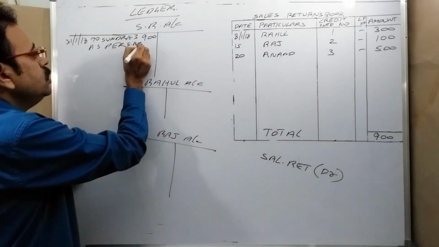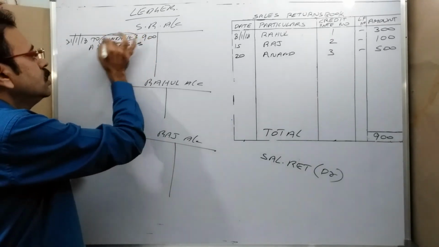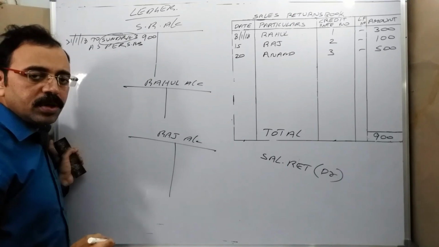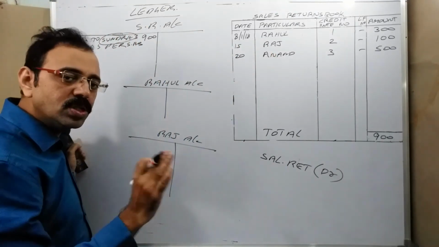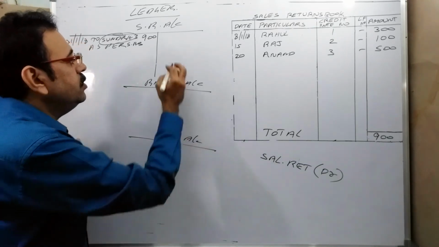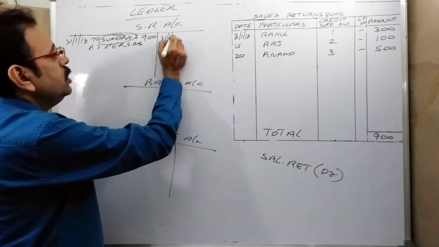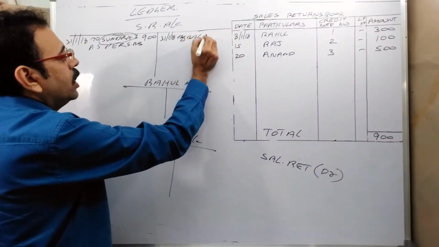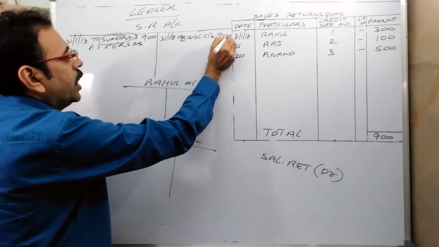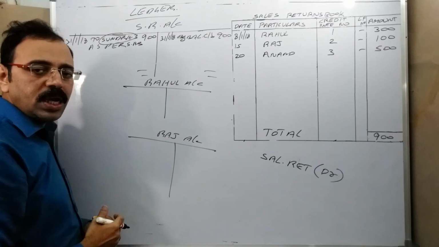Sundries means various. It means all these names we wrote one by one. The word sundries gives that meaning only. Then on the credit side, at the end of the month, write down by balance carried down 900 rupees. In this manner, you have to close this account.